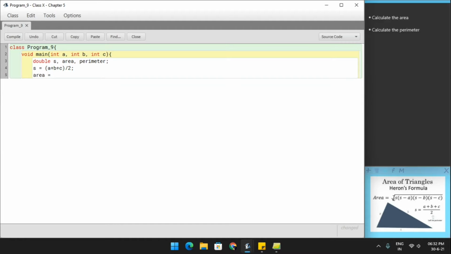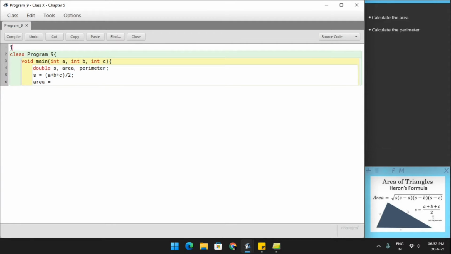So moving on, now to calculate the area, we have under root over here. Now for that under root, we'll have to be importing the math class. Before we just start on with writing the math.sqrt and stuff, first let's calculate what's inside the under root. So that is the S variable multiplied by S minus A, that multiplied with S minus B, and that again multiplied with S minus C. Now this entire part, we need the under root of this entire thing.